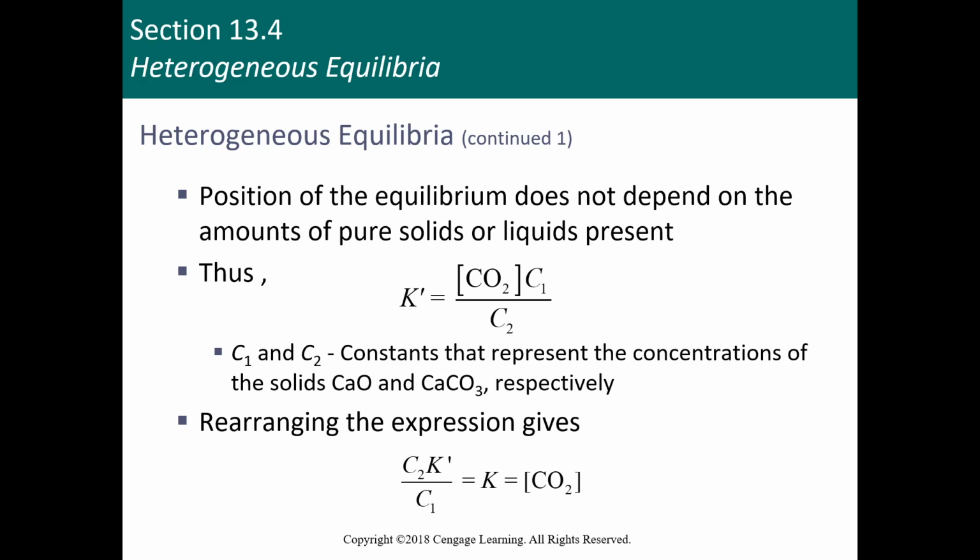And so your K value, the C1 and C2 constants that represent the concentrations of your solid calcium oxide and calcium carbonate, these go to unity, which means that they are grouped up and already represented in your equilibrium constant. They were in your equilibrium constant the entire time, because they don't change, because they don't have concentration, because they go to unity.